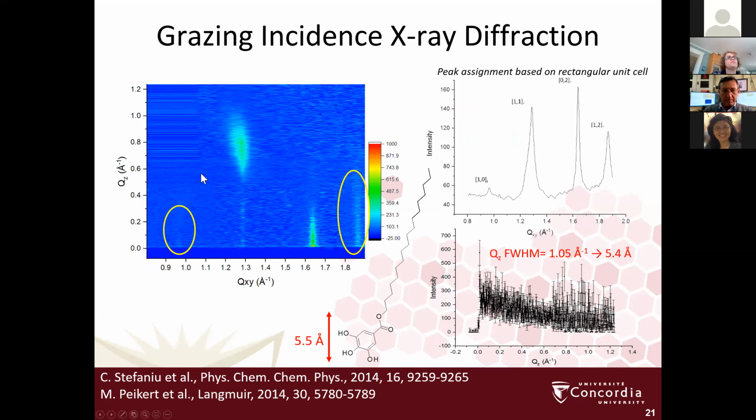So all my other peaks, including this one here, have a full width at half maximum of about 0.28, which correlates nicely with a C18 tilted chain. So this led us to assign this peak to the head groups. Now, if our chains were herringbone, we would also see the peak at 1.86, but it would need to be out of plane.